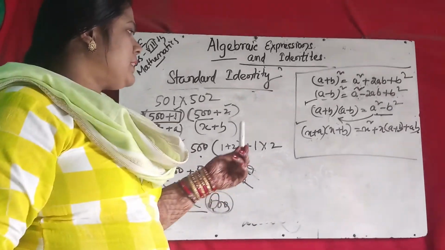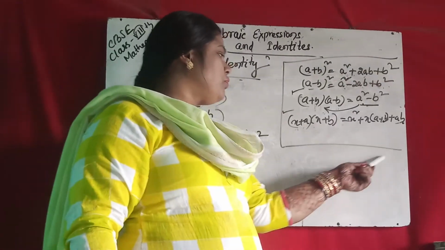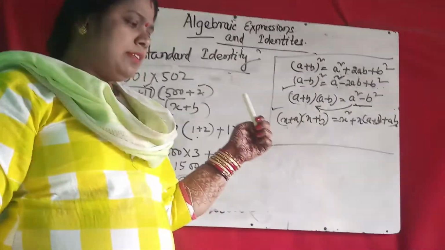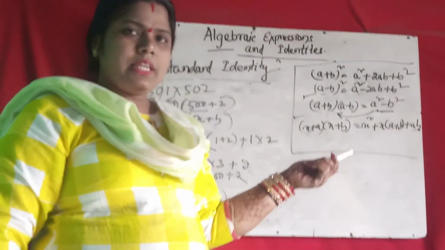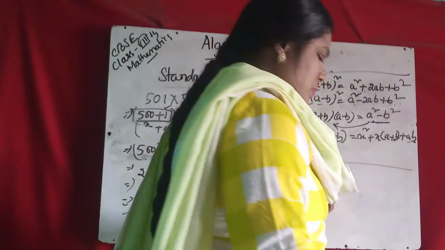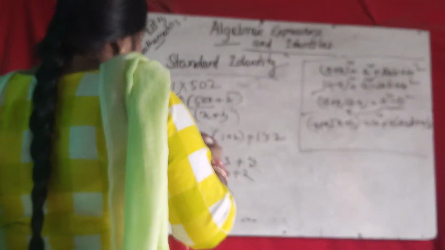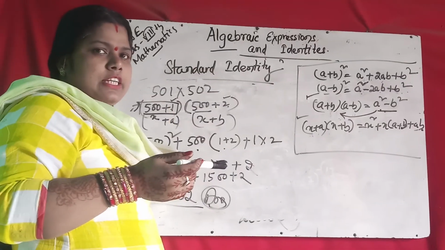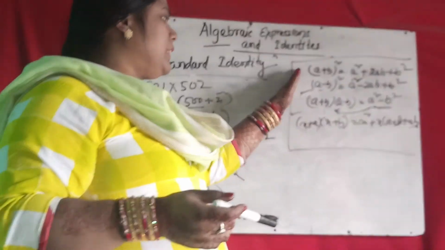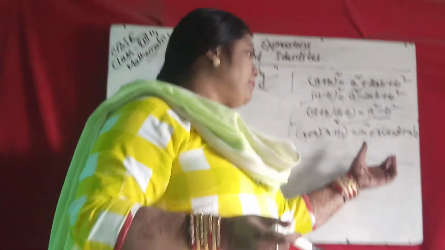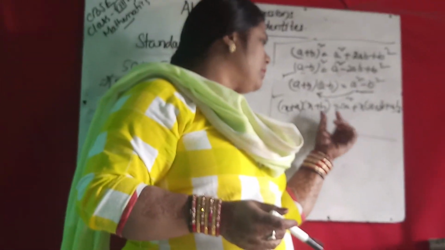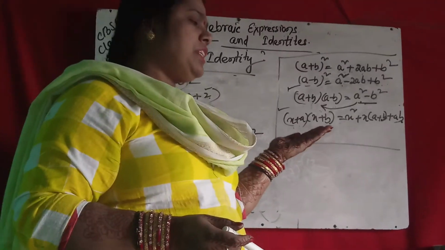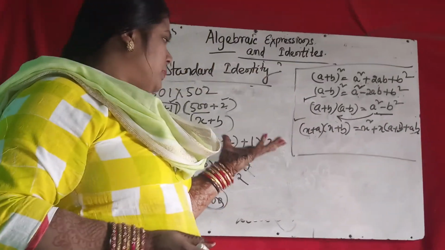You must remember these 4 formulas, these 4 identities, to apply in the given question and solve it. First you have to read the question thoroughly, then try to understand which formula or identity will be applied. Sometimes the left side type or right side type is given, you apply the proper identity. I think you can easily solve the problems by using the identity.